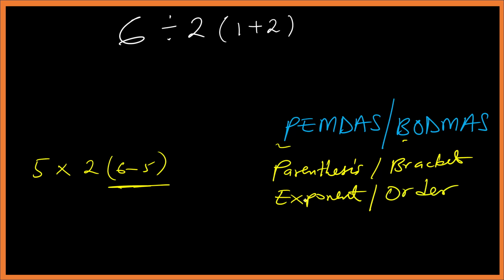Now let's move on to the next one, multiplication, then this side will be division. And since we have division, we move on to addition, and this side will be subtraction.